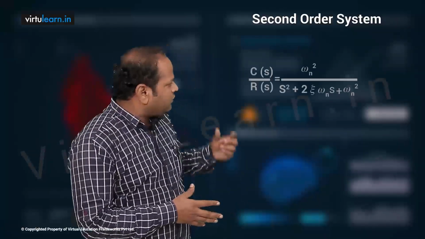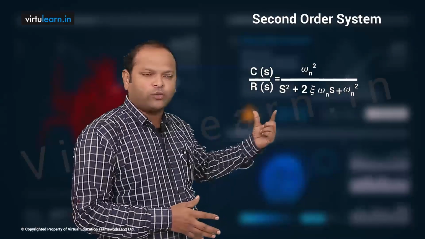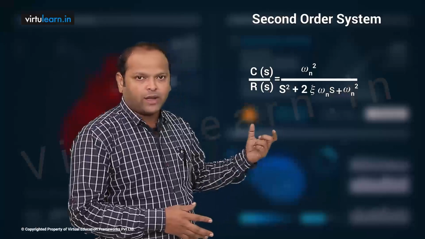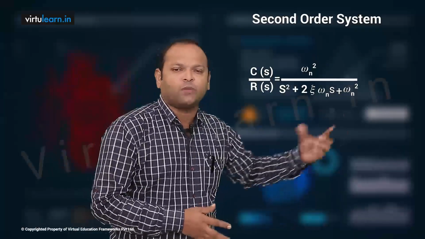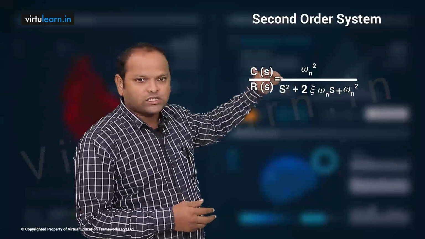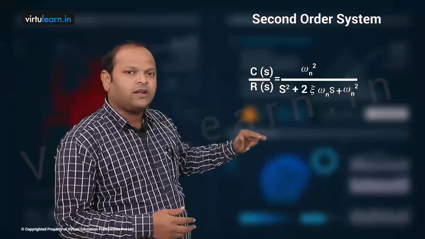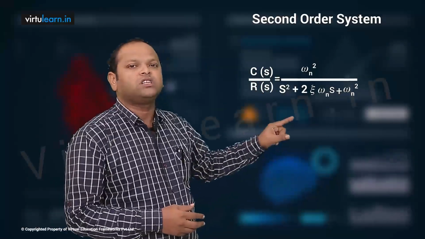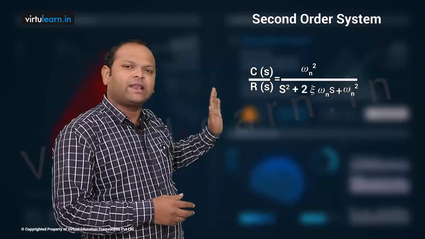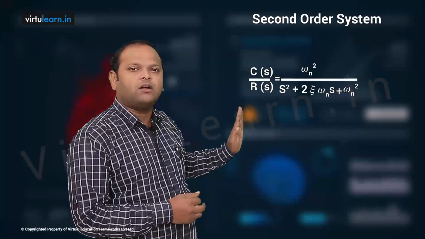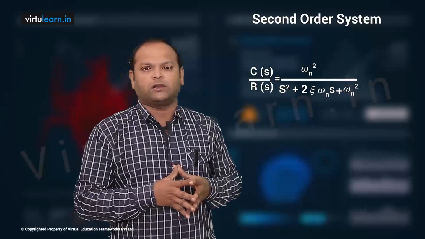If you do that, your C of s by R of s is going to be omega n square by s square plus 2 zeta omega n s plus omega n square. Omega n square is the numerator and the denominator is s square plus 2 zeta omega n s plus omega n square. So this is a very standard second order closed loop transfer function.